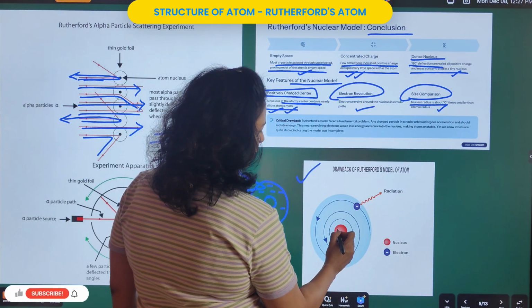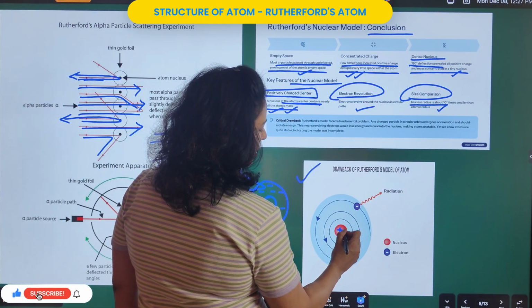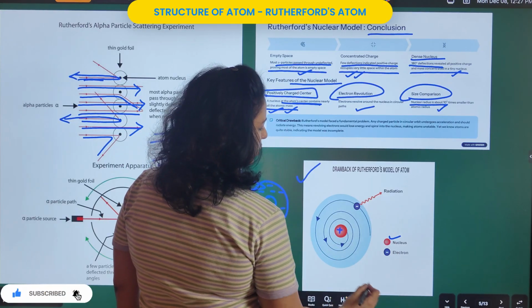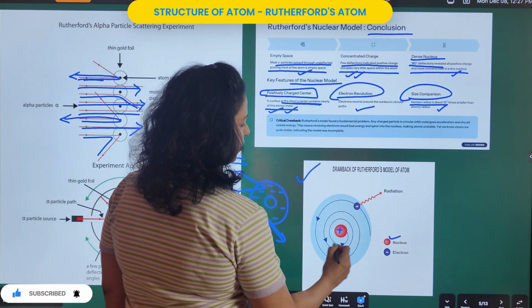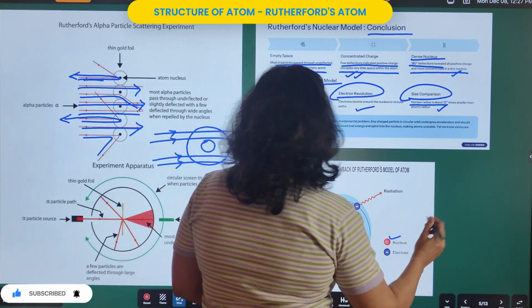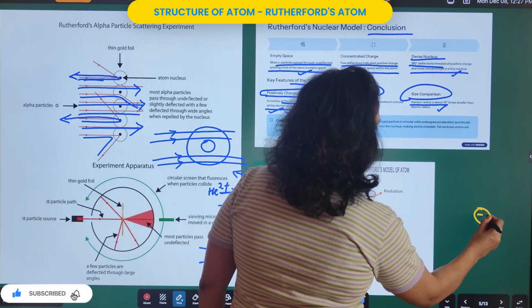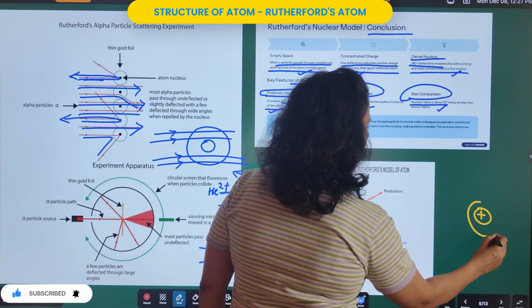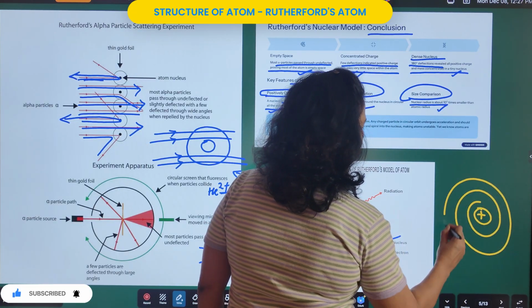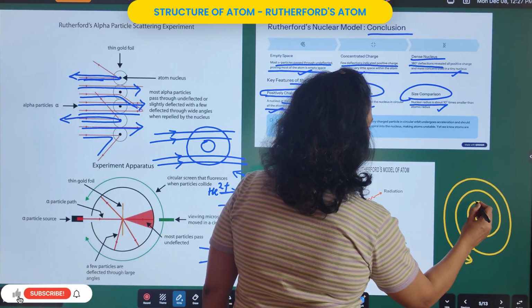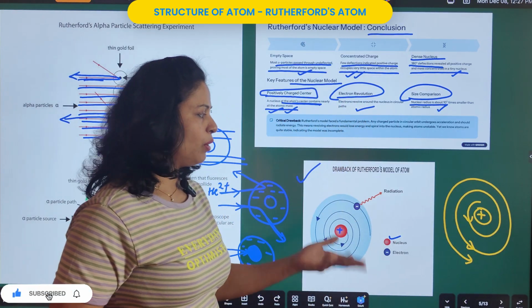This is the positive part, the nucleus, and electrons are revolving around the nucleus in a particular way.